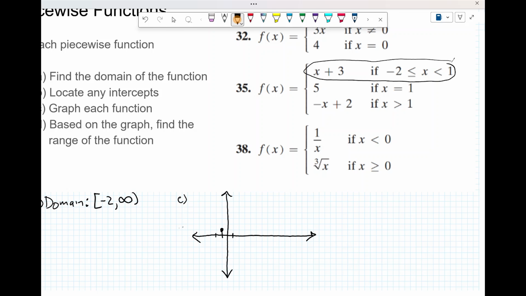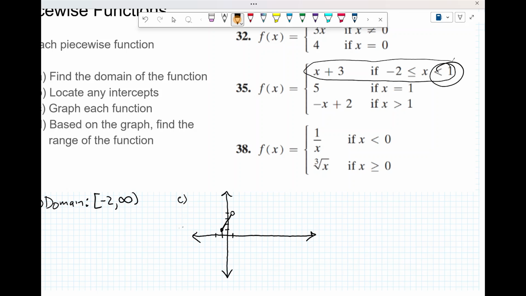One thing that's important, though, is that I'm not including this point on my graph yet. So I'm going to do an open circle from here to here, and I just connect from here to here. So that is the part of the graph of x plus 3 in between negative 2 and 1.